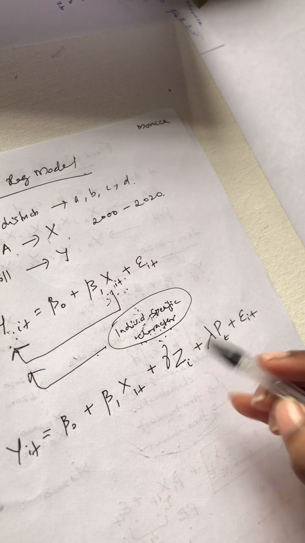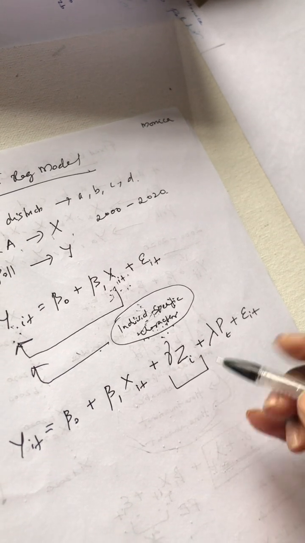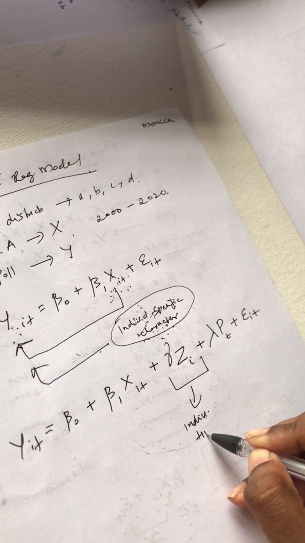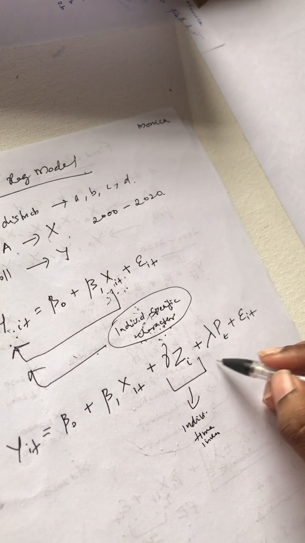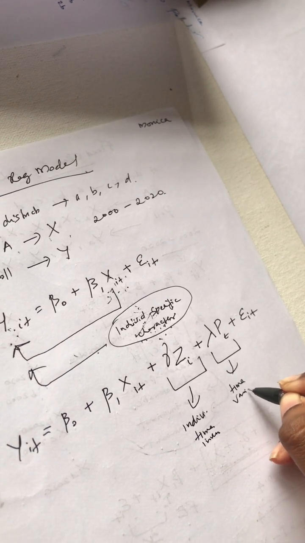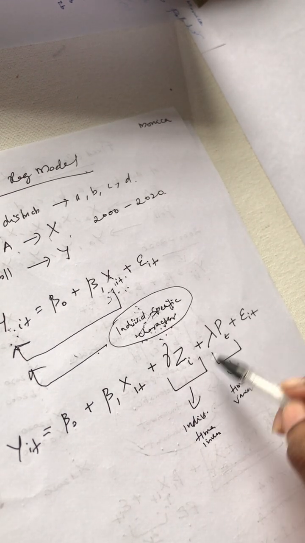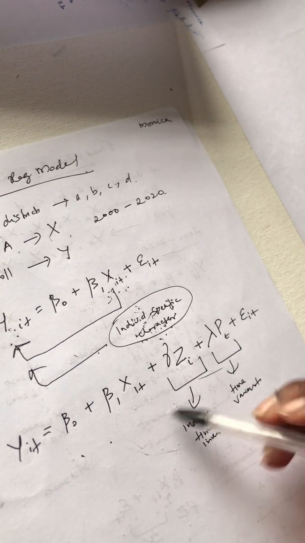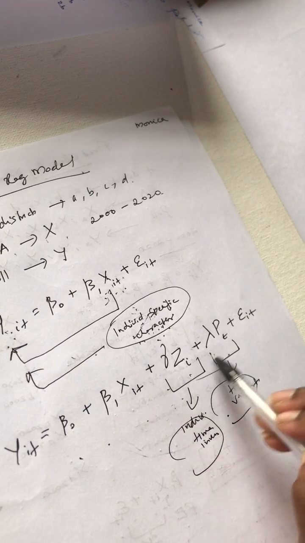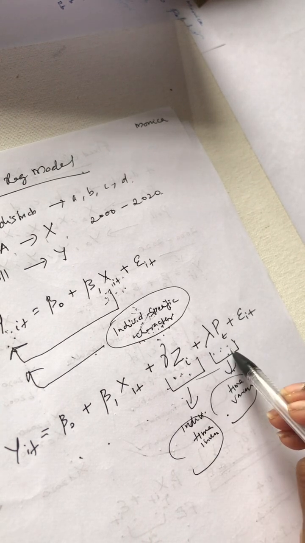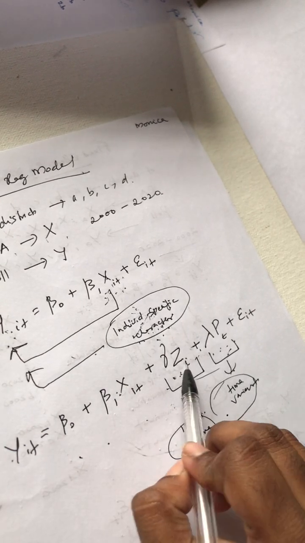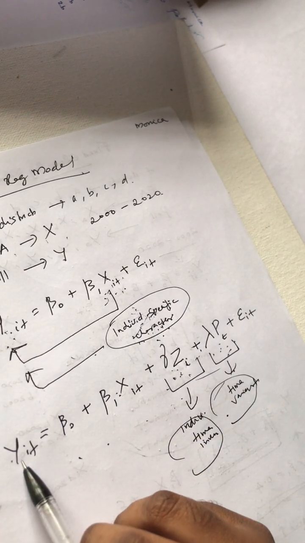Here I have taken the individual specific effects that are time invariant, and here I have collected the individual specific effects that are time variant, or vary with time. So just as we controlled for those in the fixed effects model, here we include those random variables as explanatory variables, so that we can also find out, along with the relationship of X to Y, what relationship these characteristics have on Y.